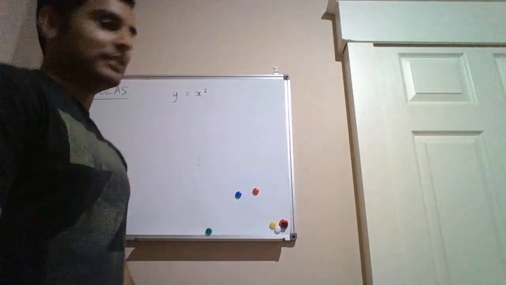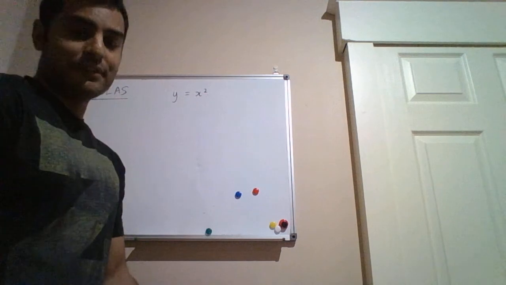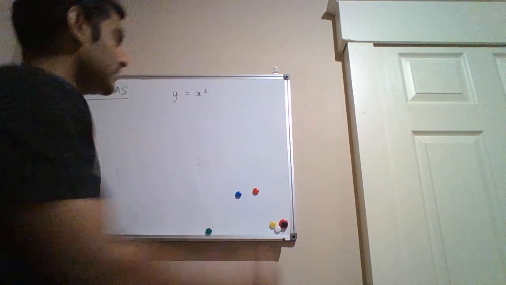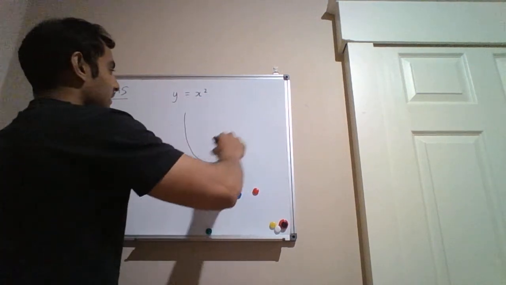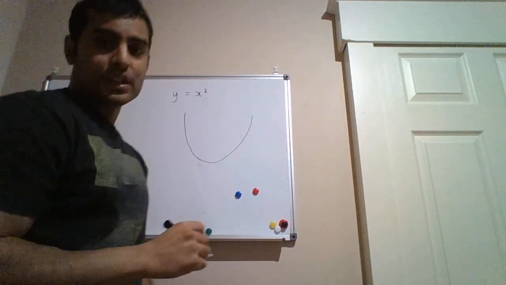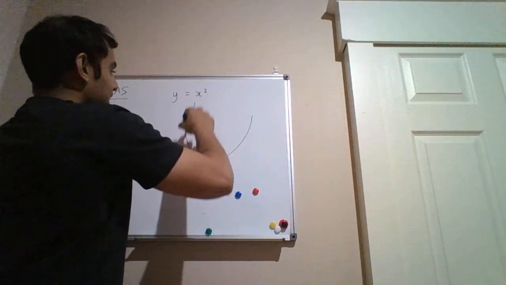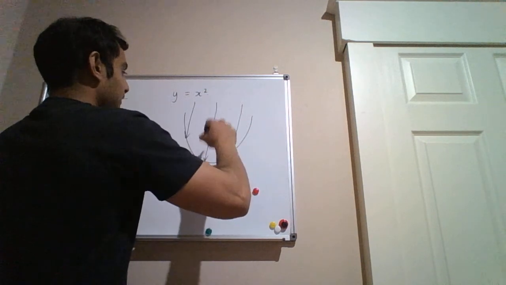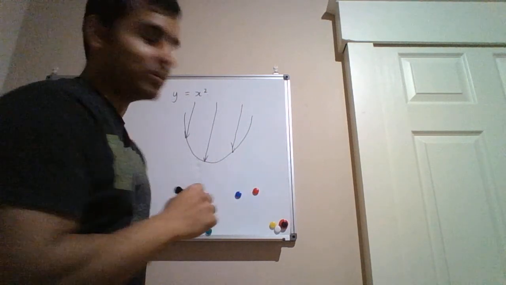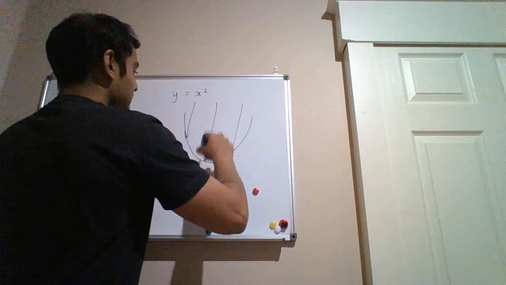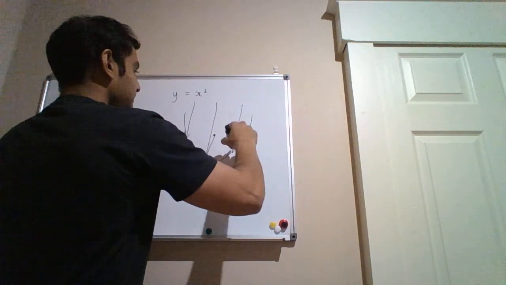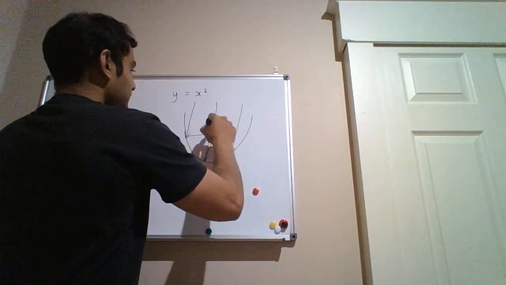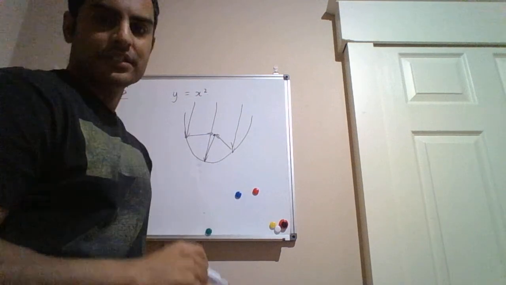So where are parabolas found in real life? Well, the only example I can think of are satellite dishes. So any signals that bounce in are reflected towards a focal point like that.